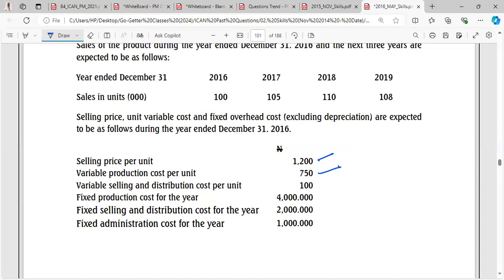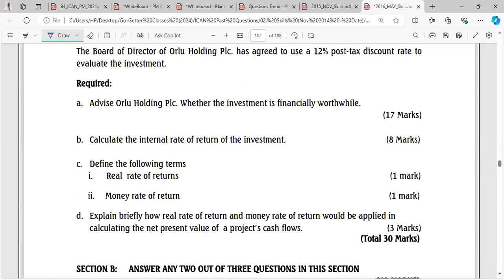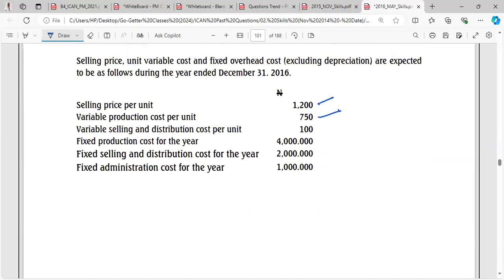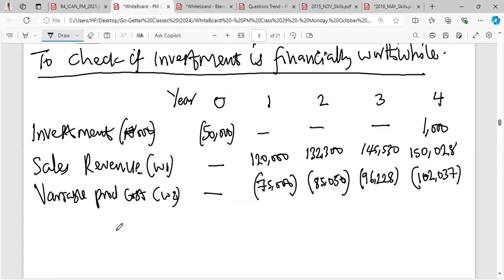Variable selling and distribution costs, 100.